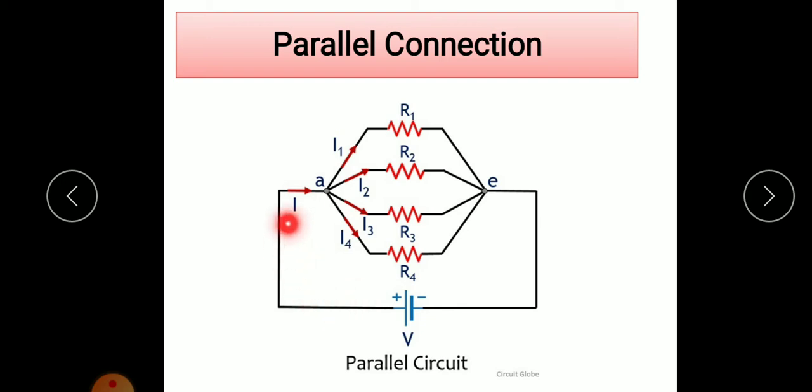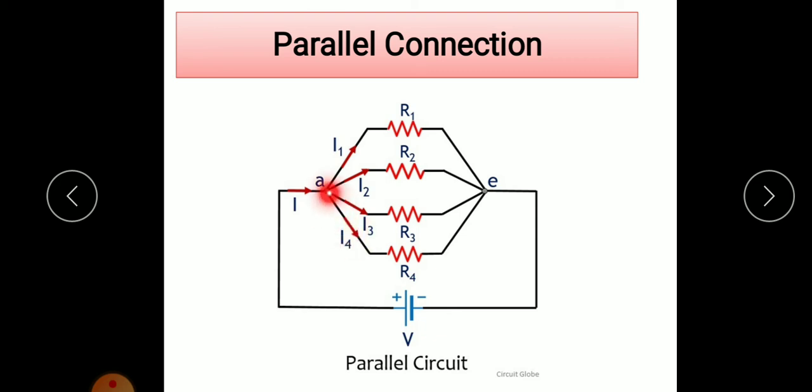So what will happen to this current when it reaches the point A? Whether it goes along R1 or R2 or R3 or R4. In which path will the current flow? Can you expect? Yes. Interestingly, this current gets divided into each branch.